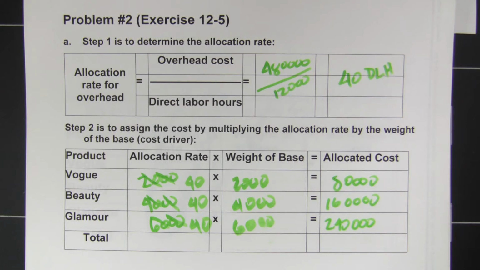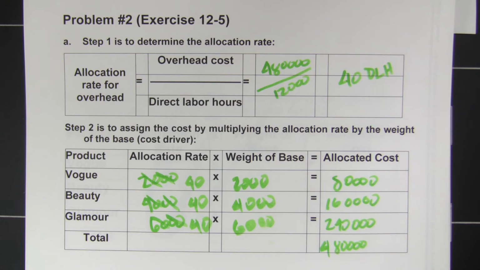And because I'm an accountant, I've got all those numbers lined up. I have to add them up, and they do indeed total 480,000. That's using direct labor hours as my cost driver.